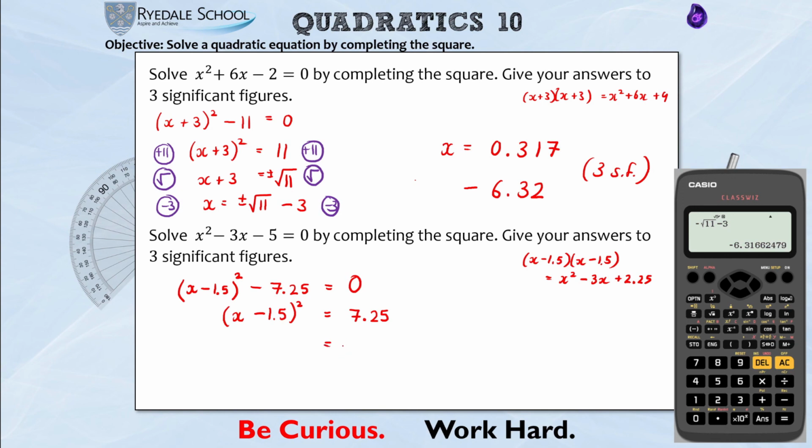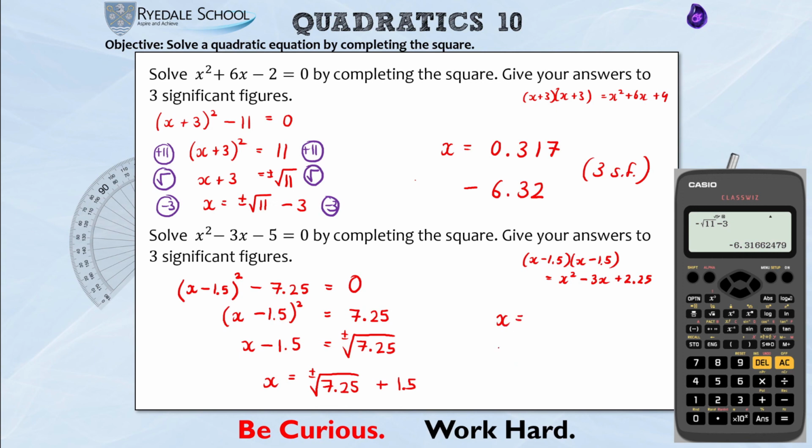Now I'm doing the square root of both sides. So I've got plus or minus the square root of 7.25 on this side and x minus 1.5 on this side. So x equals plus or minus the square root of 7.25 plus 1.5, adding 1.5 to both sides.